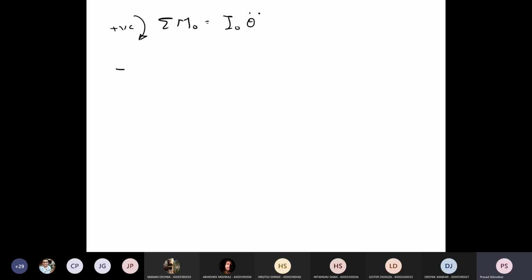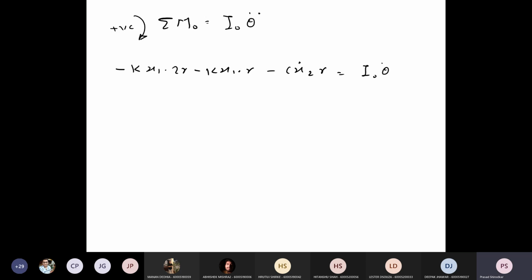So that is equal to minus k into x1 into 2r minus k into x1 into r minus c x2 dot into r.